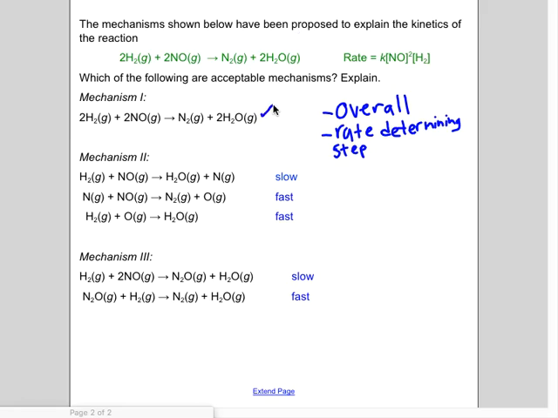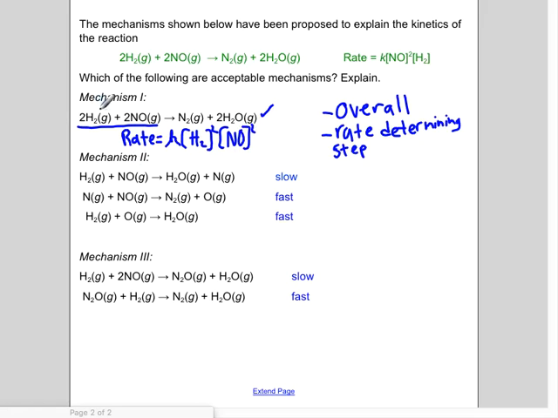Now with the rate determining step, if there's only one step, then that's the slowest step. So we can look, what would the rate law be if this was our rate determining step? Well, you only look at the reactants. So you could say rate equals k, and then we would write our reactants and their coefficients become exponents, so it would be H2 squared times NO squared because of the coefficients of 2.